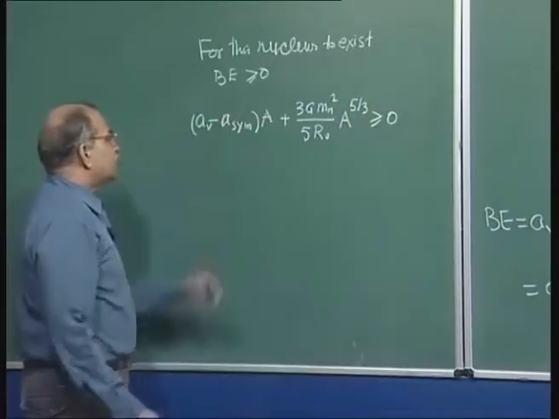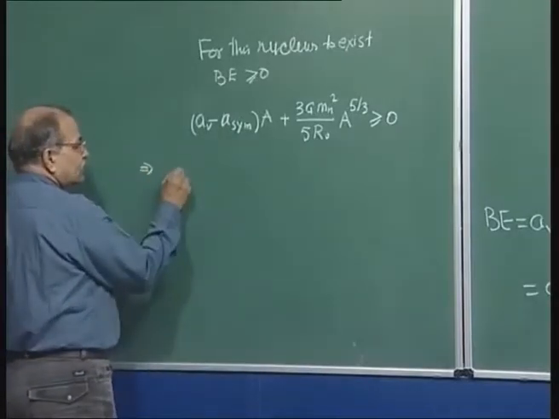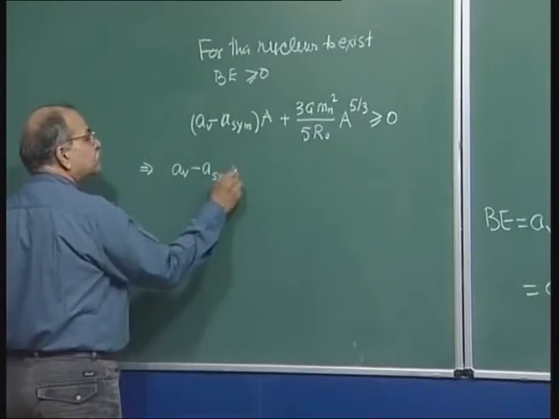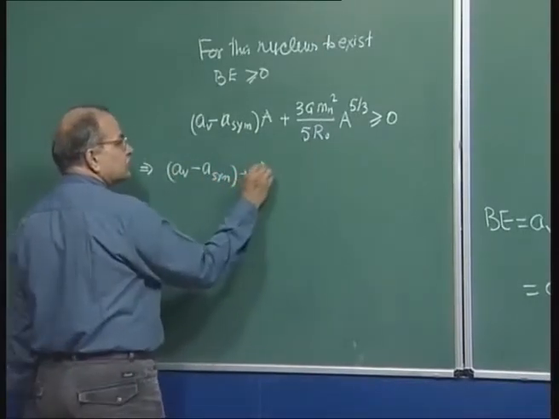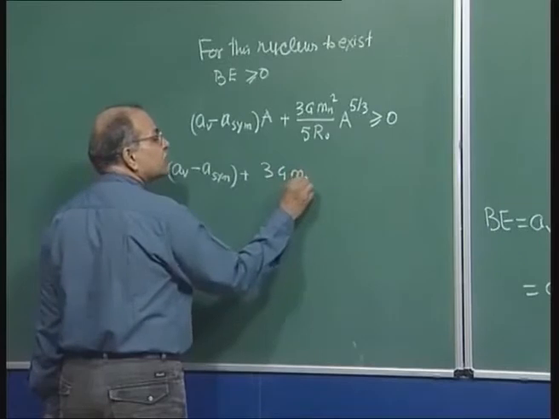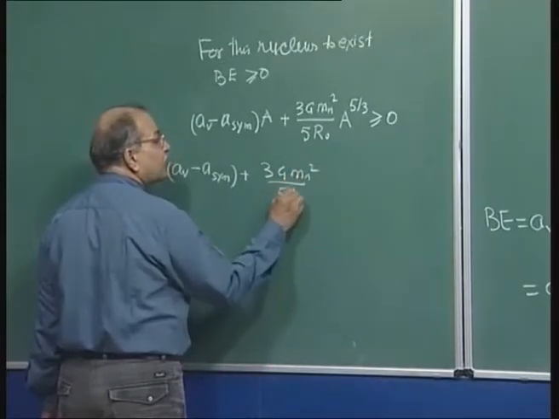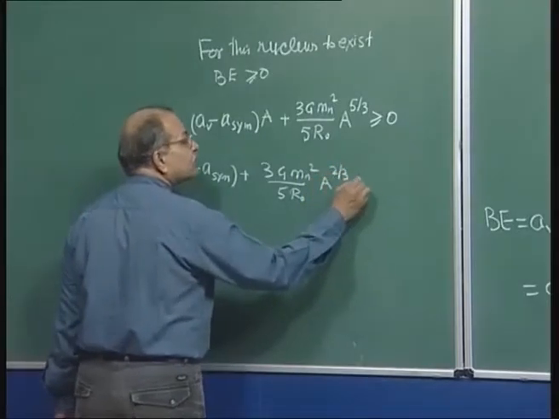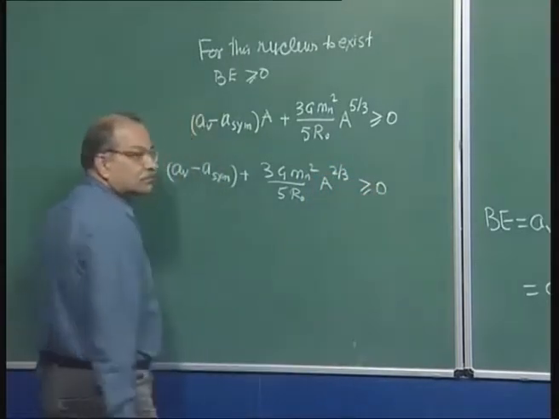I can divide by capital A. So, it is A_V minus A_sym plus 3 G m_n square by 5 r naught A to the power 2 by 3 should be greater than or equal to 0.